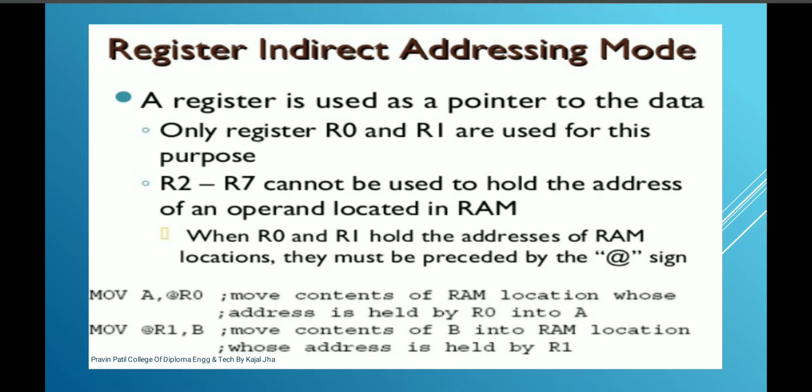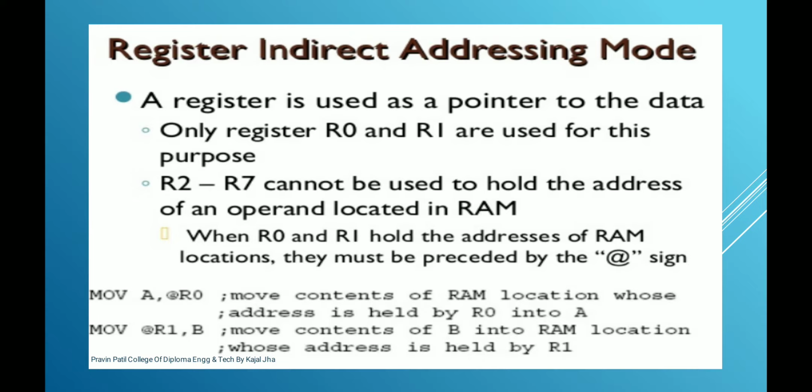Register indirect addressing mode: a register is used as a pointer to the data. Only registers R0 and R1 are used for this purpose. R2 to R7 cannot be used to hold the address of an operand located in RAM.